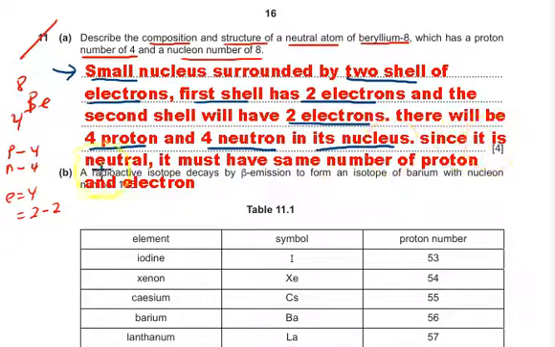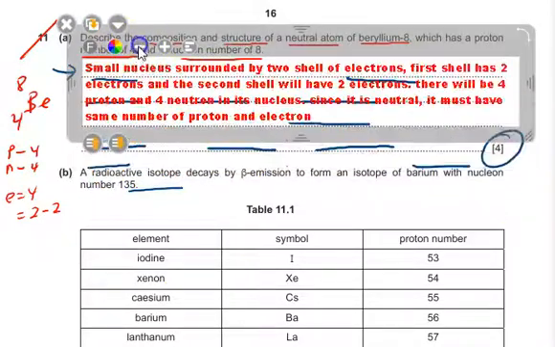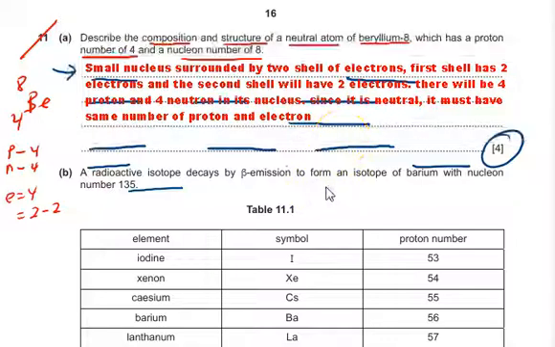Since it is neutral, it must have the same proton and electron number. So this is your answer for 4 marks. Now we move on with the next one.